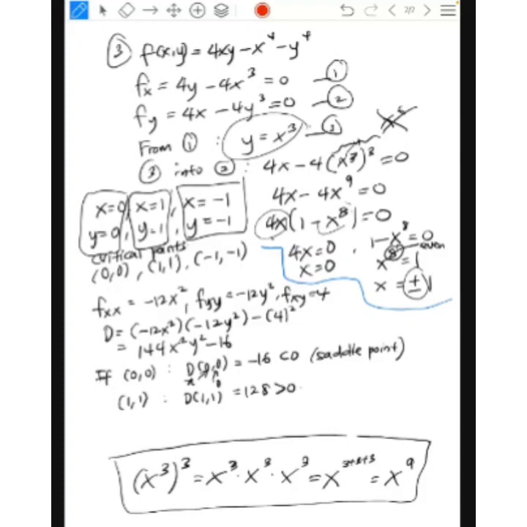However, whenever it is greater than 0, you have to look back at your fxx. fxx equals -12x squared. So when you substitute (1,1), you get -12, which is less than 0. So it is a maximum.